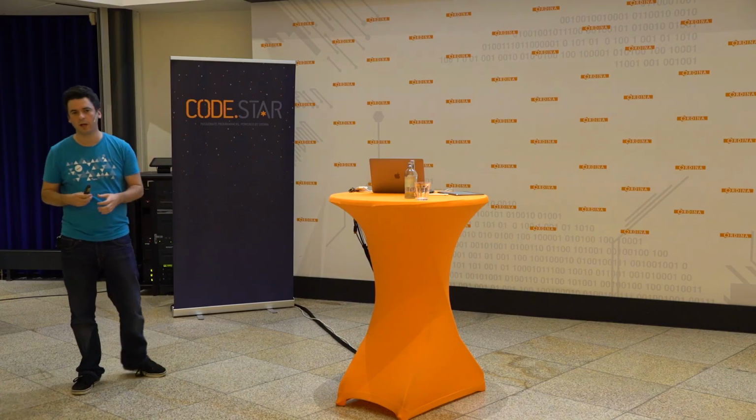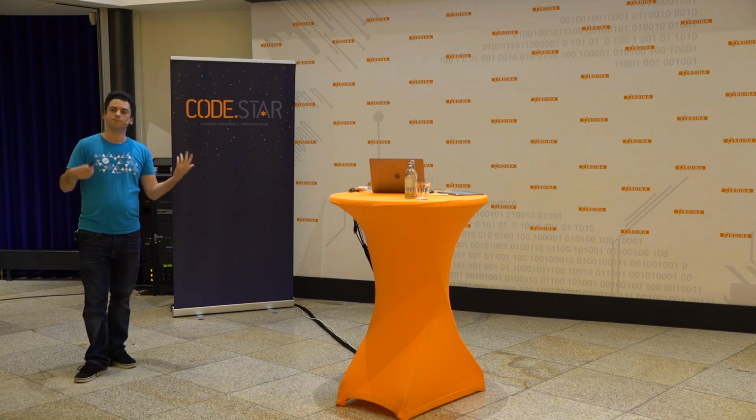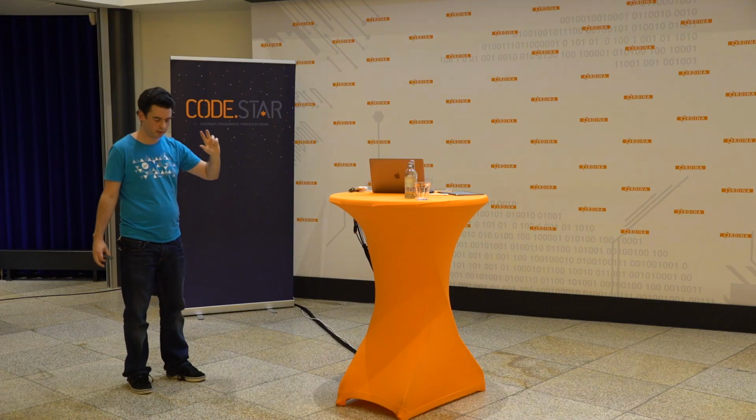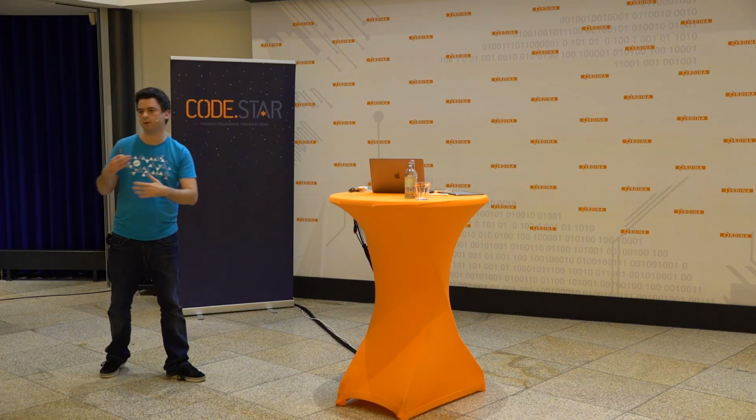But different topic, right? So this one is entity component system, which is a software development pattern, a different way you can think about building software, specifically when it comes to interactive programs.